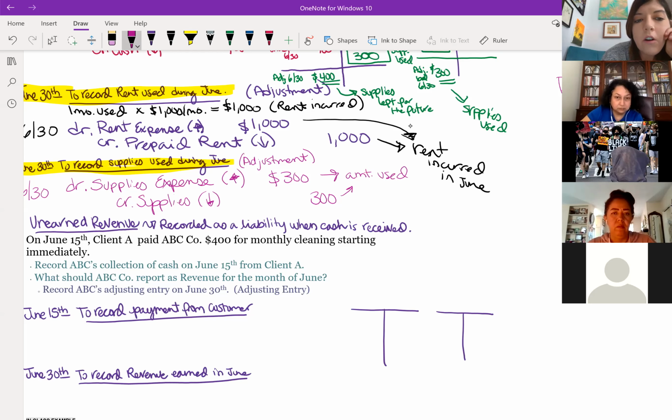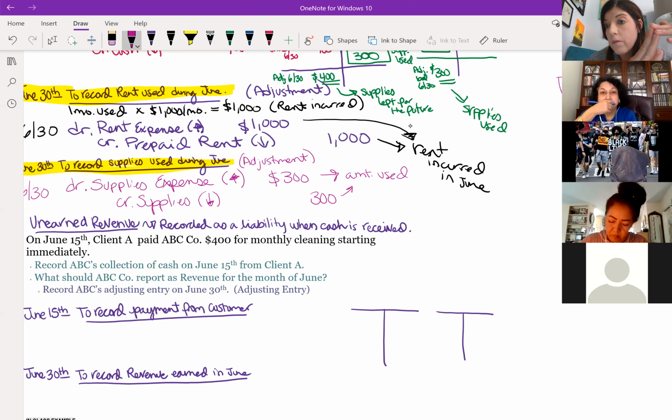So with unearned revenue, you'll have, again, two different journal entries. A journal entry that establishes that deferral, the receipt of cash, and then you'll have an adjustment at the end of the period to recognize the amount of revenue earned during the period. On June 15th, client A paid ABC Company $400 for monthly cleaning starting immediately.